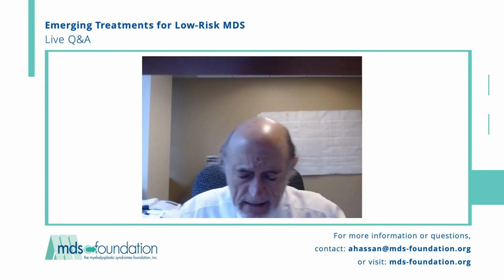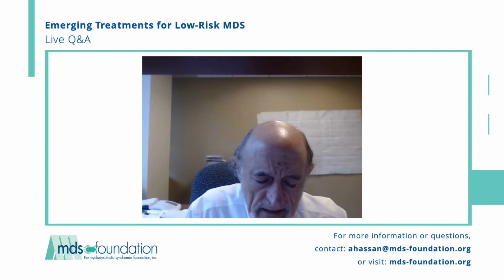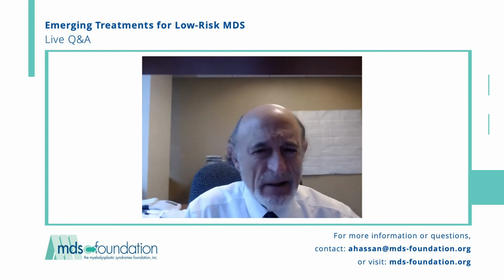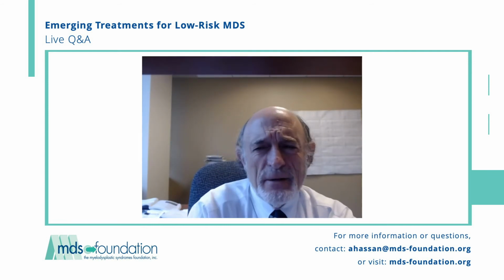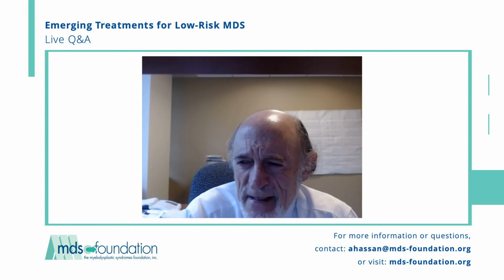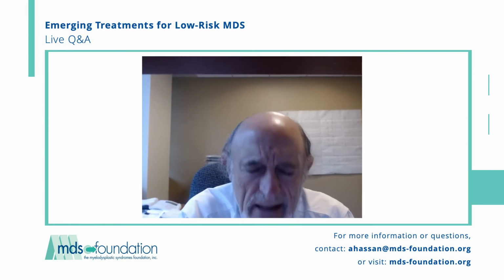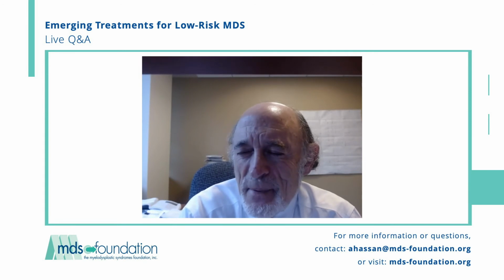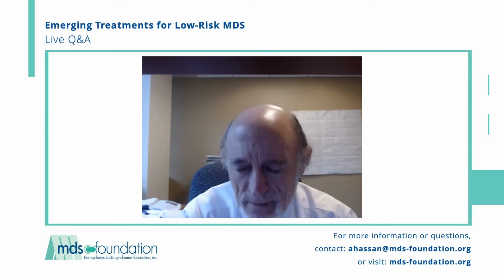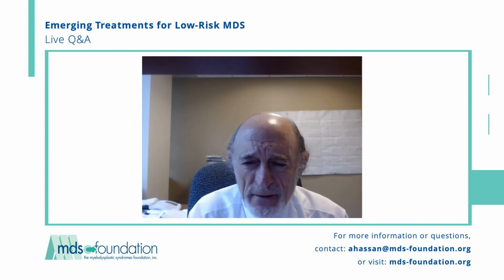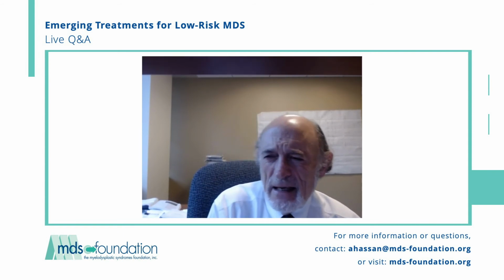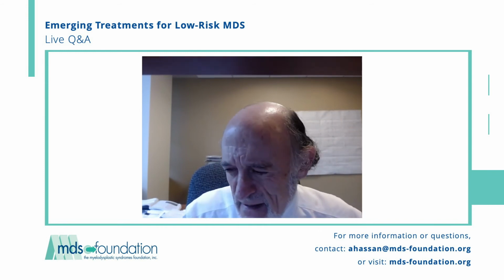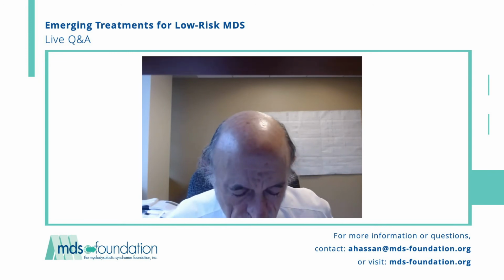Okay, so the MDS-RS-MLD. This is the one subtype that we spoke about. It's not with a single cytopenia, but one or two cytopenias. Usually, when you have the MLD, multilineage dysplasia, they're seeing more than one cell line that's dysplastic in the bone marrow.